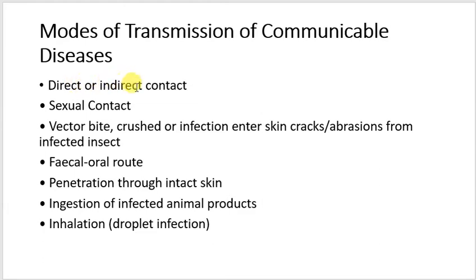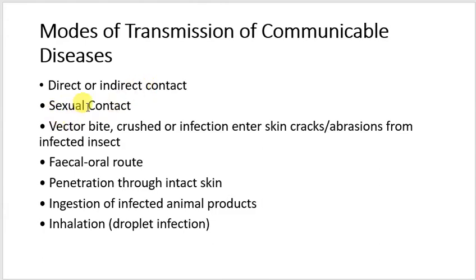Or indirect contact, where an infected person touches materials and then another person comes to touch the same materials. So he will also be touching the source of infection which was left by the first person who touched those materials.